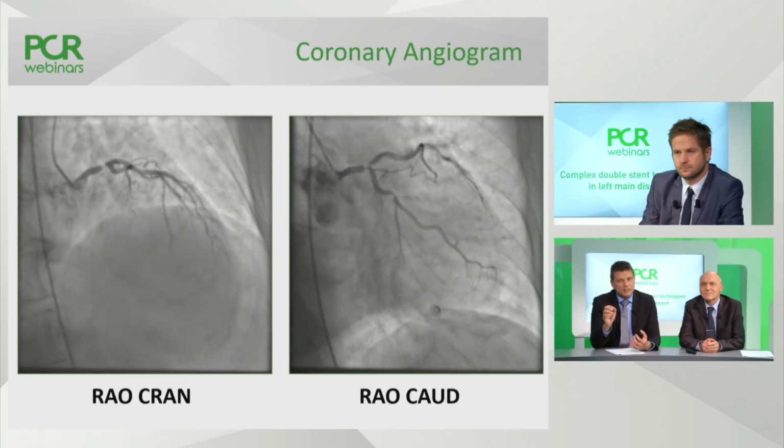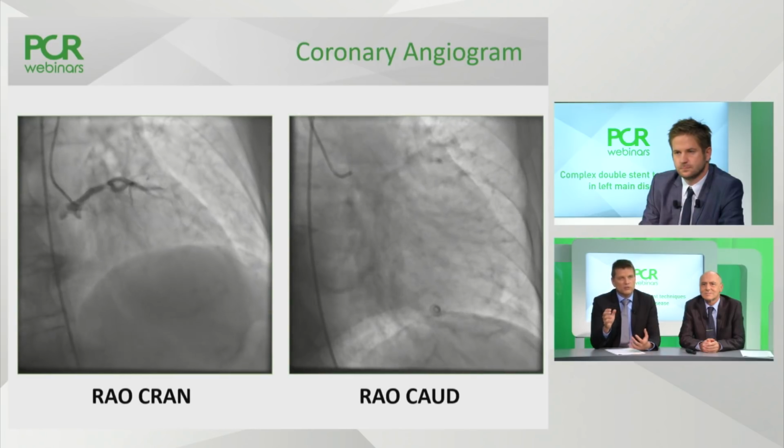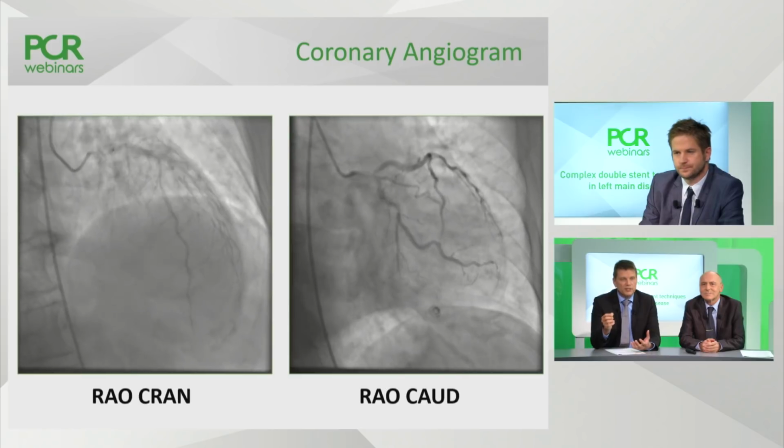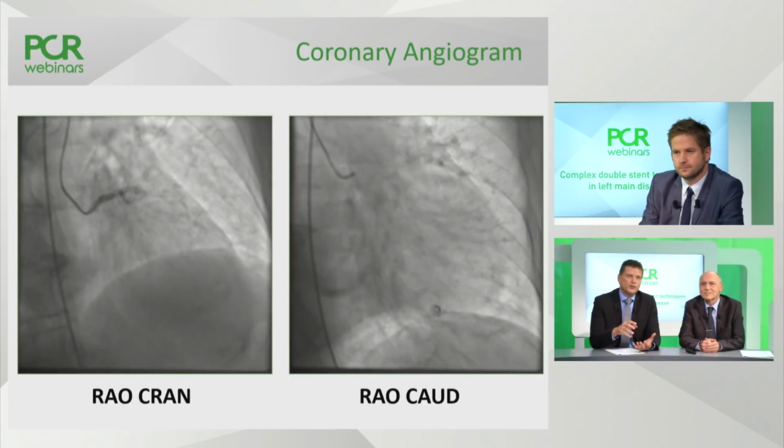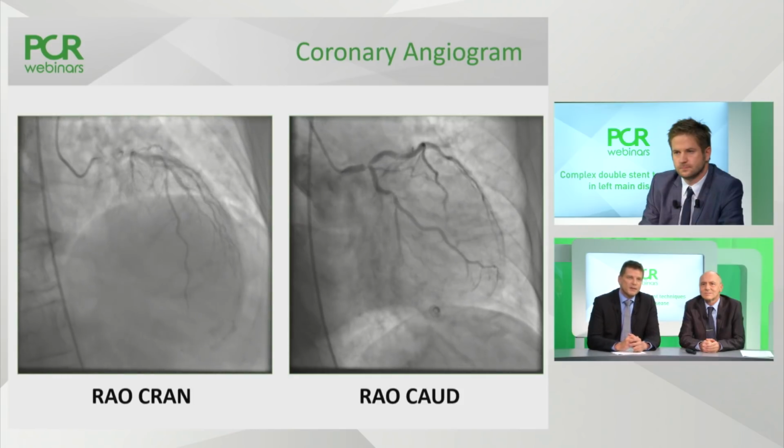I believe there's enough disease there that you could also plan for an upfront 2-stent strategy, and then you have to decide whether you do the main branch or side branch first, and the question is, what is main branch and side branch? Because in such a patient, I think it's always the LAD unless the circumflex is dominant.